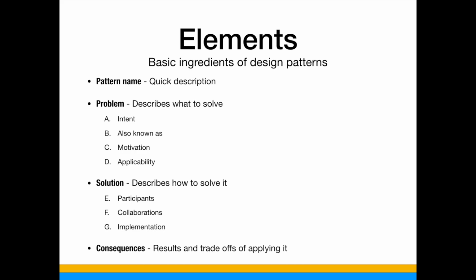In the book and everywhere that it's documented, pretty much they divide the problem into the intent, what is being solved. Some other aliases, since sometimes you might see somebody calling some of these patterns something else. The motivation for the problem, and the applicability. How do you apply this to an actual problem?